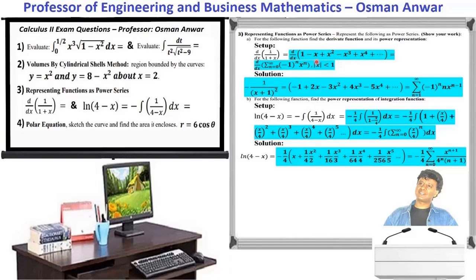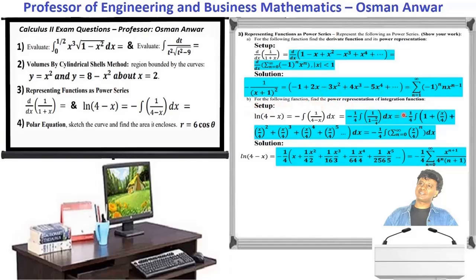This is the standard. When you take the derivative of this, it is minus 1 over x plus 1 squared, and you take the derivative of the power series, which is minus 1 plus 2x minus 3x squared, and so on. So this can be written in sum notation, n equals 1 to infinity, minus 1 to the n times x to the n minus 1.